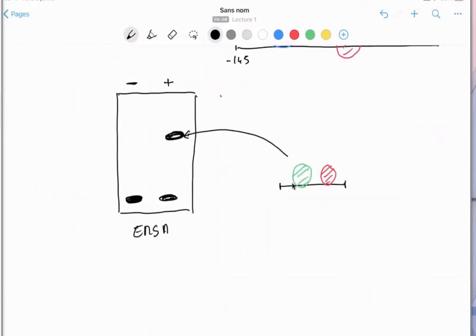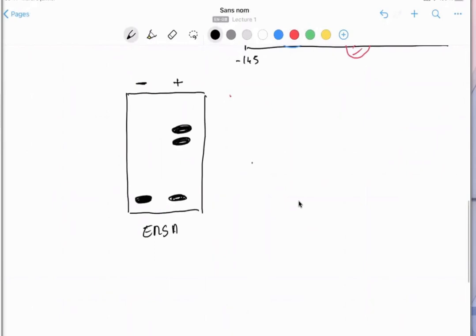So do you have an explanation of what can be the situation where we have two complexes? So we have two different possible interactions.